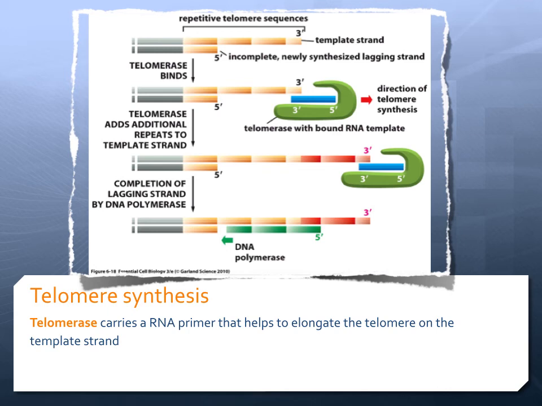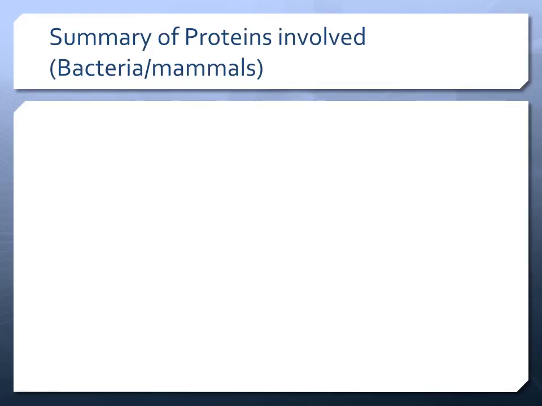So if we do a little summary of all the proteins involved in the replication process, we will cover the bacterial and the mammalian proteins. They are shown at the same time on this slide, but the first one always corresponds to the bacterial and the second one corresponds to the mammalian protein.